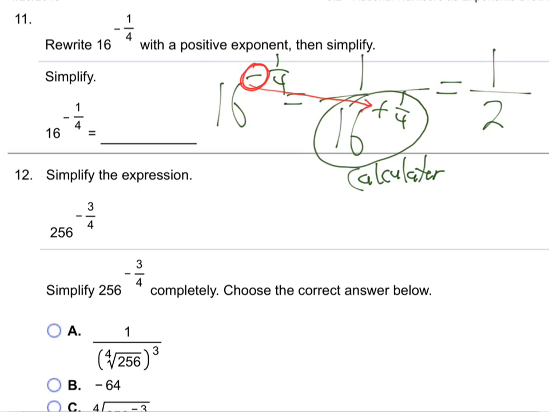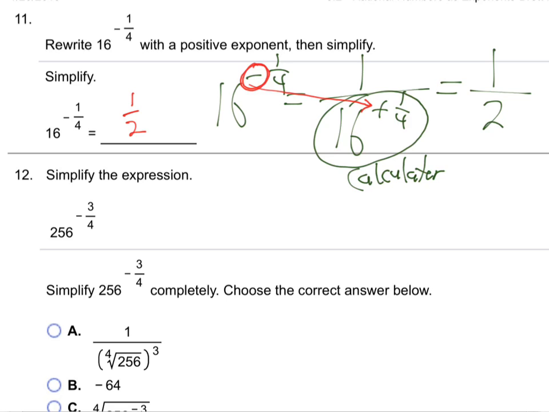And then after it flipped and jumped to the bottom, it became positive. So the answer is a half. Is that okay there? And then you just do the 16 to the 1/4 power using your calculator.